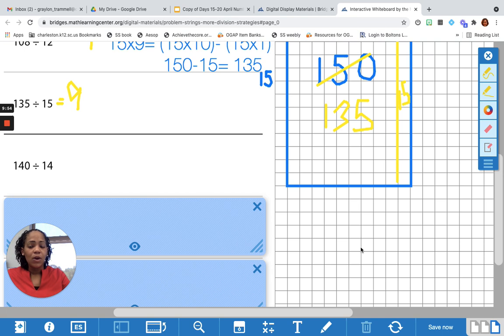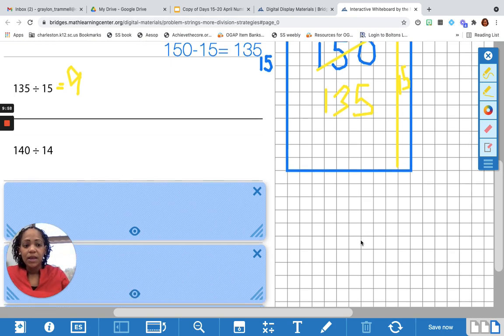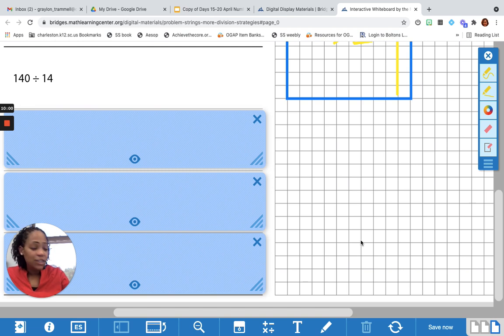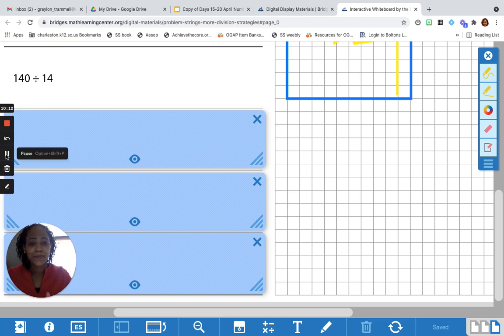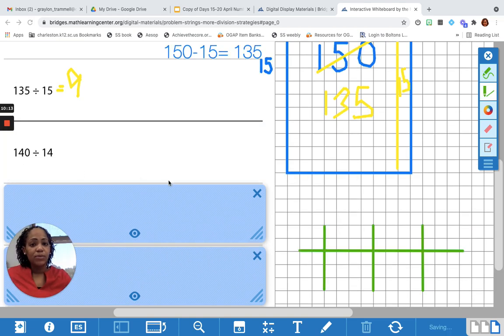140 divided by 14. This time, we are going to use a ratio table to help us think through this problem. But again, we're going to think about multiplication instead of division in order to solve this problem. All right, so 140 divided by 14. We're going to think about it as multiplication.